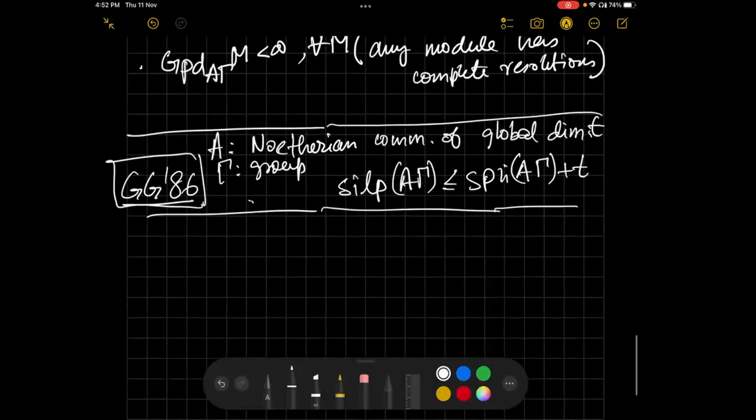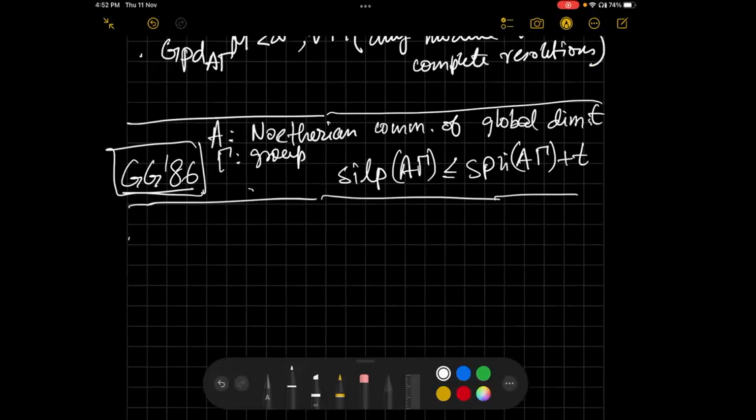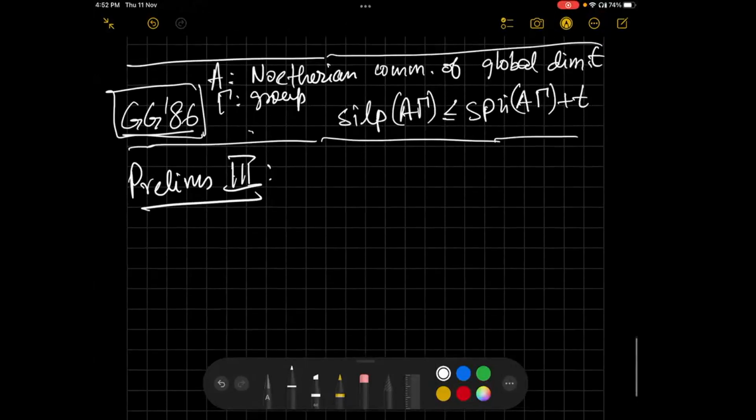And then we get into prelims part 3. This part 2, we don't really need to do thanks to Sutomo. So what's happening in part 3 is I'm going to talk about a class of groups that I have worked on, and then I'll talk about my own results. So there will be 2 classes of groups.